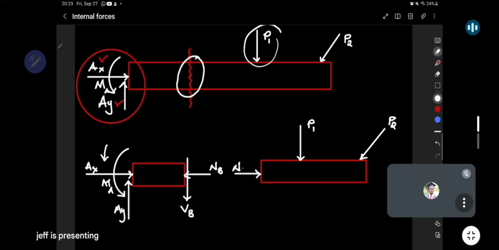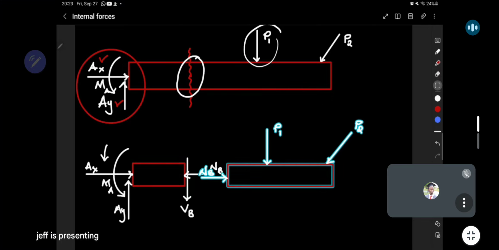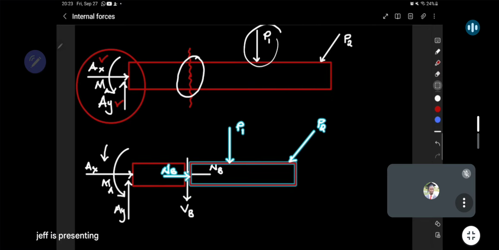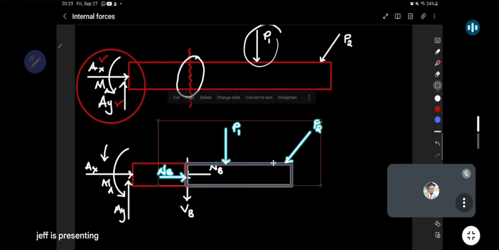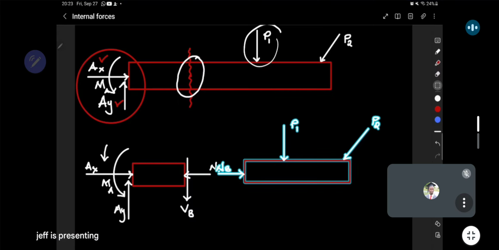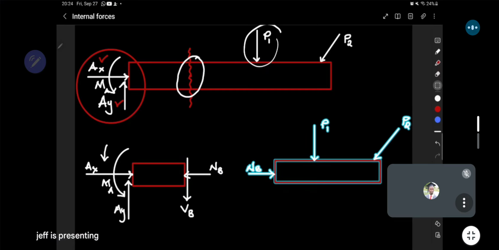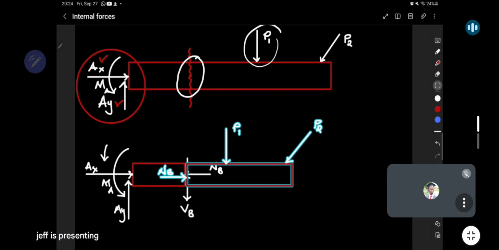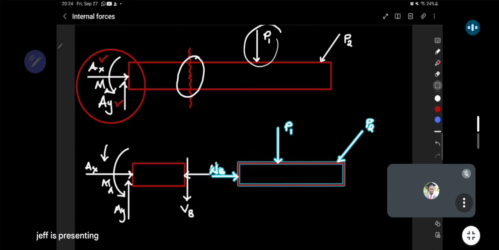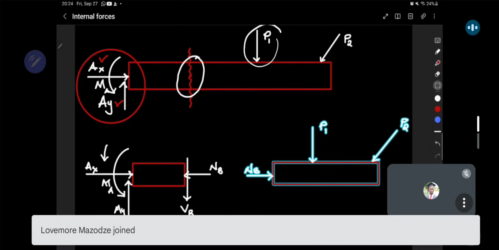By the time you bring these two pieces together, the forces there must add up to zero, so they get swallowed up and don't appear as external forces. When you separate, each piece will have a version of that force, but when you bring them together, those forces must cancel out. So if NB on the first piece was pointing to the left, on the second it must point to the right.